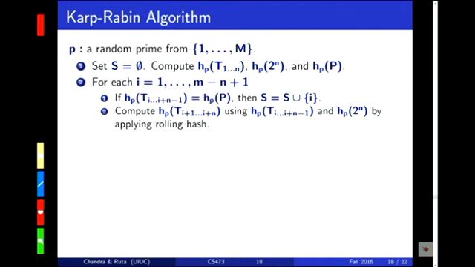Now I have to compute the hash for the string starting at position 2. I have the hash for the string starting at position 1. Using rolling hash, I can compute the hash for this next string, as we just described.